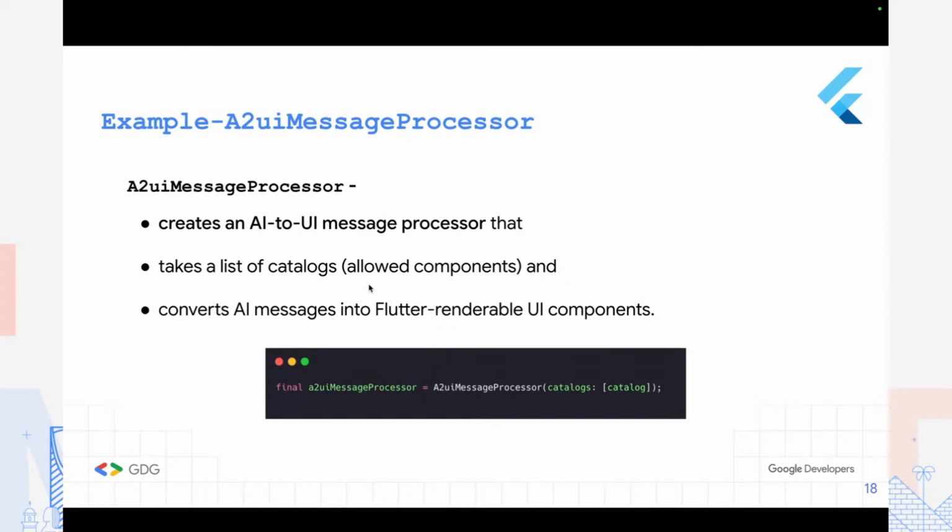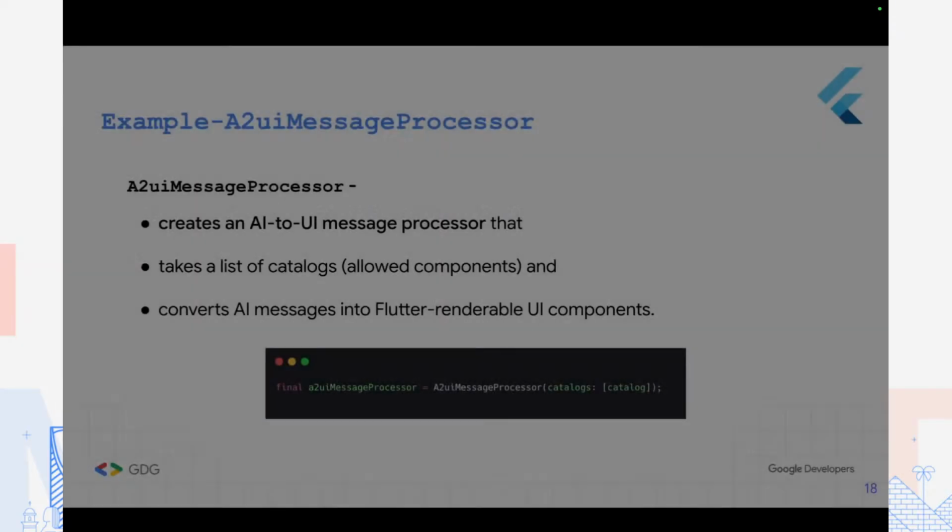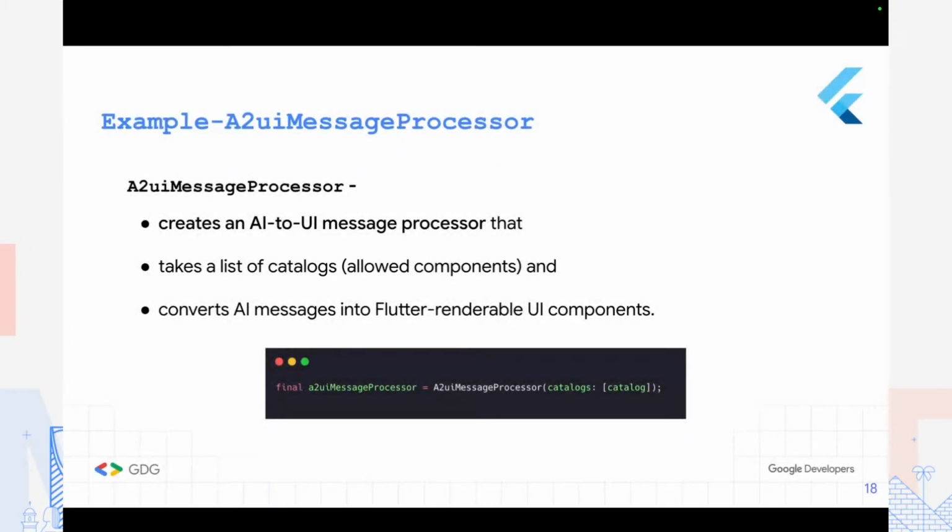It takes a list of catalogs, that is from the core catalog items that we just mentioned earlier, all the allowed components or all the allowed widgets. It is going to take that and convert the AI messages from Firebase into UI components that Flutter can later render. So this is basically the bridge between the Firebase AI and the Flutter UI. This is what converts the JSON.